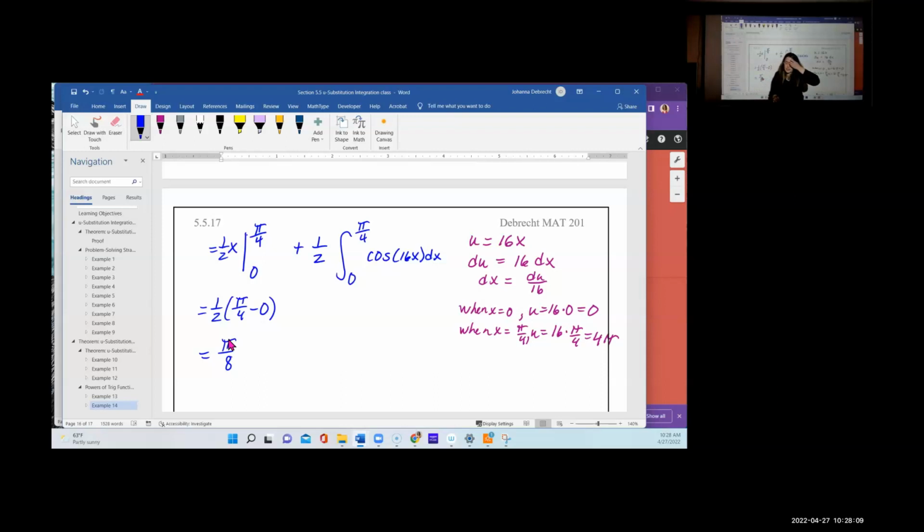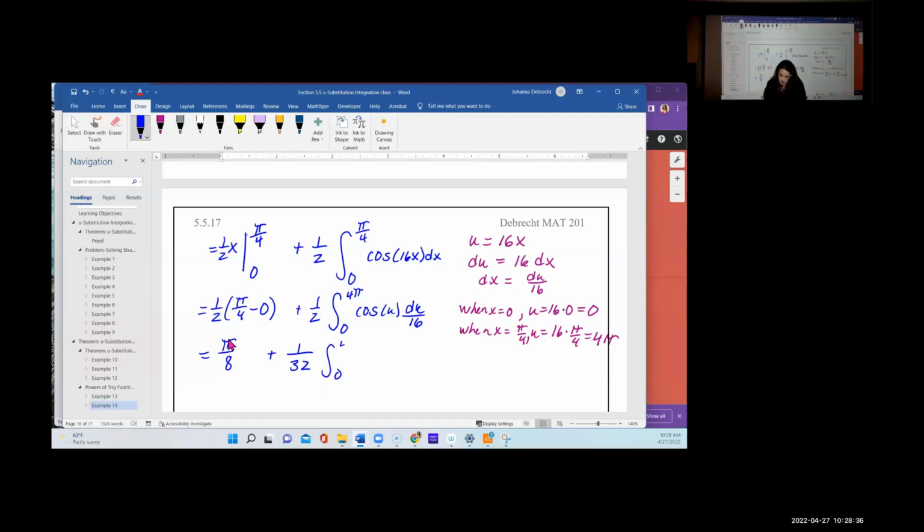And now I look at the second integral. I have a 1/2 on the outside. I'm changing my limits of integration to 0 to 4 pi, and it becomes cosine of u, and my dx is replaced by du over 16. The 16 can join the 1/2 on the outside and become 1 over 32.